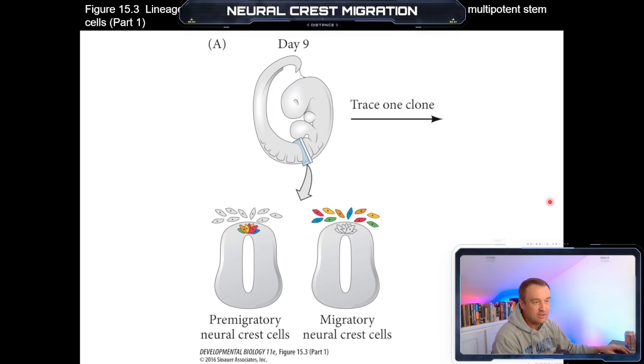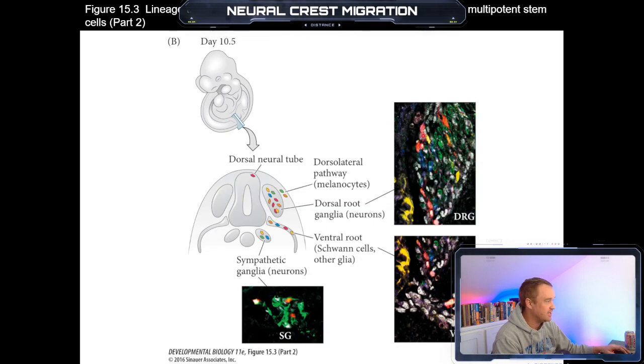And so they could then watch where these cells all migrated to in the different regions and where they ended up. So in part B here, they followed those individual colors to their fated structures later in development. Fluorescent cells were seen in the dorsal lateral pathway where melanocytes differentiate. So remember, those are the pigment cells.